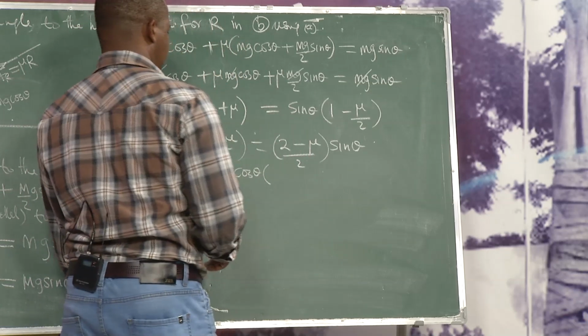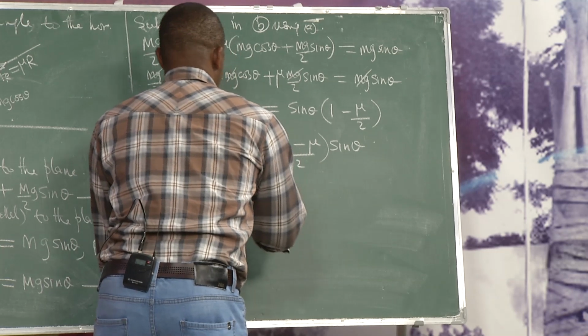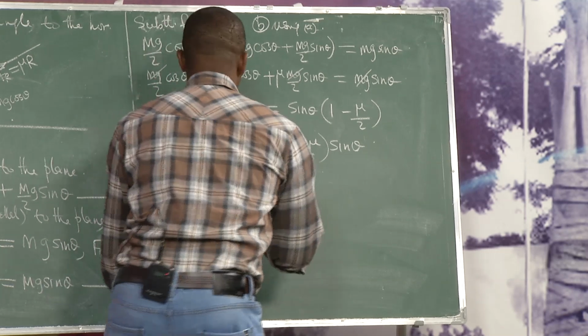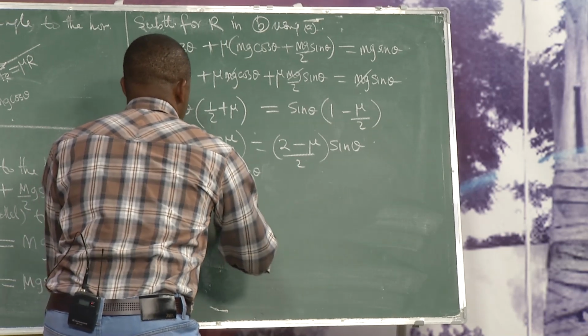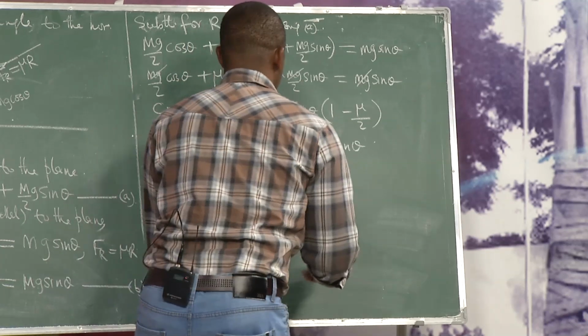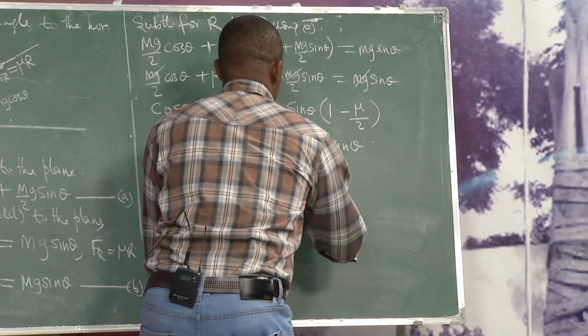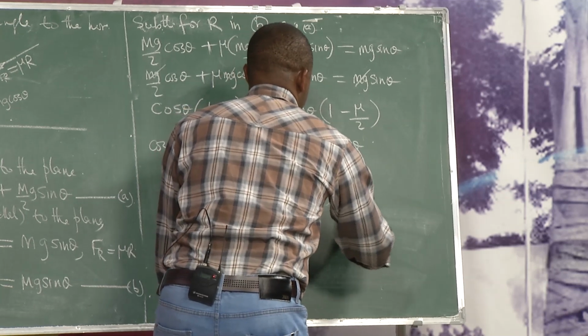If I divide by cos theta throughout, I will get that 1 plus 2 mu should be equal to 2 minus mu into the tan of theta.